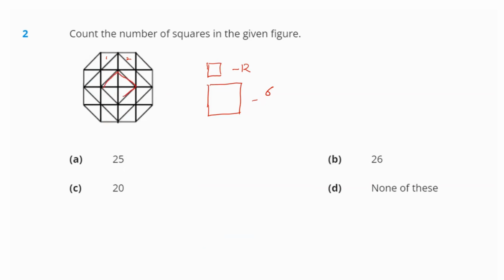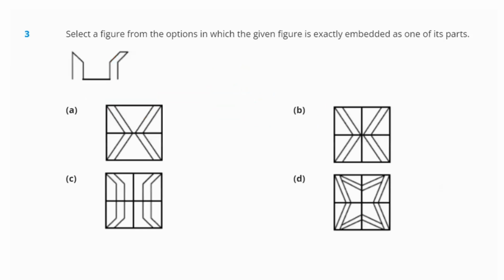See, one square and the second square. So we have 2 squares more. Let's try to add it. It is 12 plus 6 plus 2, which is 20. So answer C is a correct answer. Moving on to the next question.